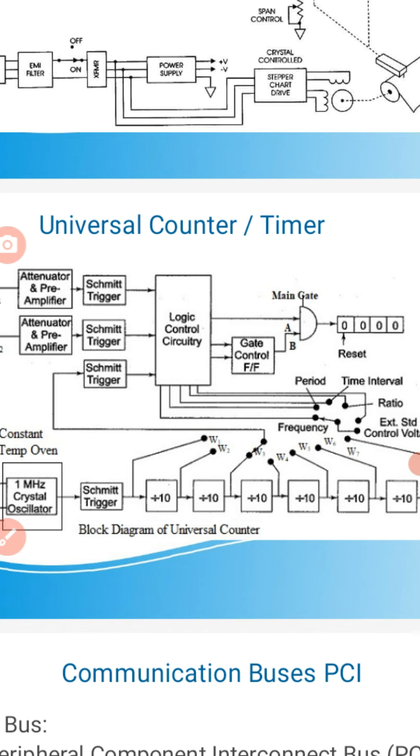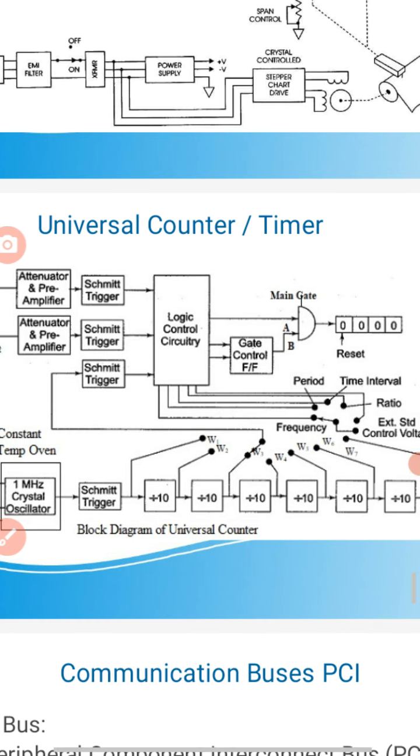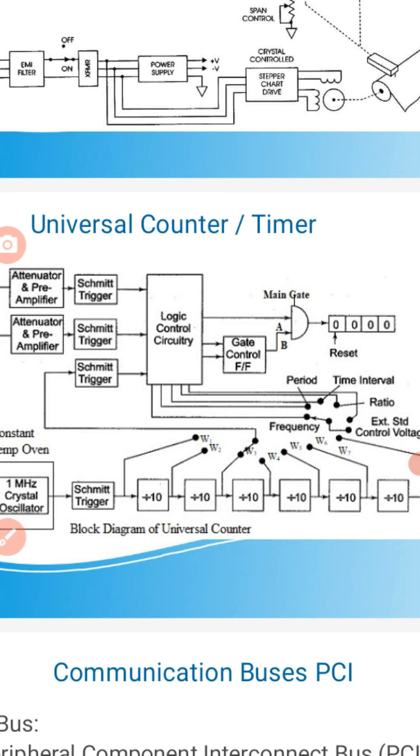There are two Schmitt triggers present and they are connected to logic control circuitry. The second channel is meant for frequency ratio and multiple ratio measurement.